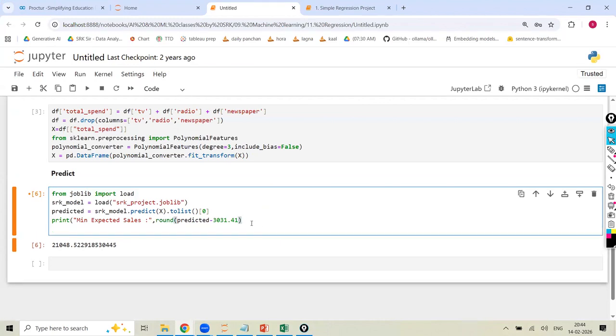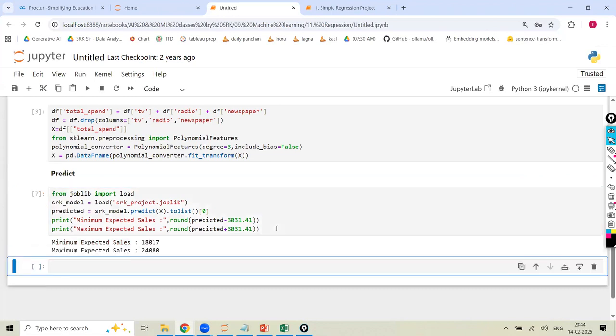Similarly, maximum sales. This is the minimum amount of sales, minimum expected sales. Maximum expected sales is your predicted value plus RMSE. Minimum to maximum, this is the range.